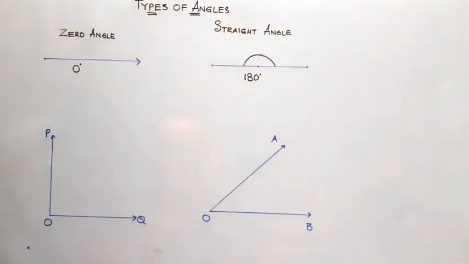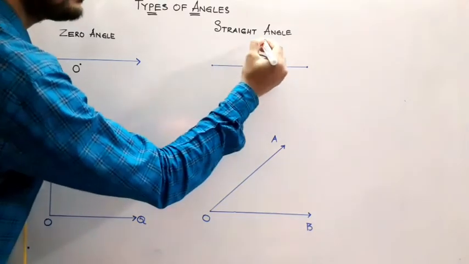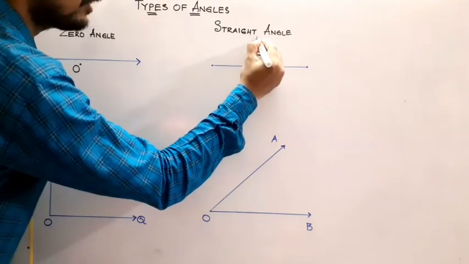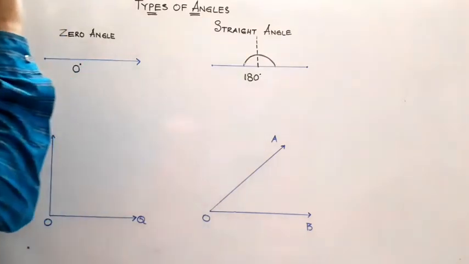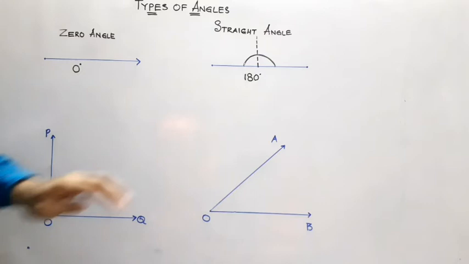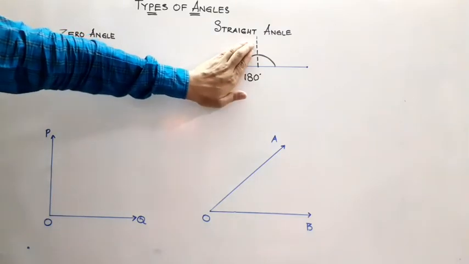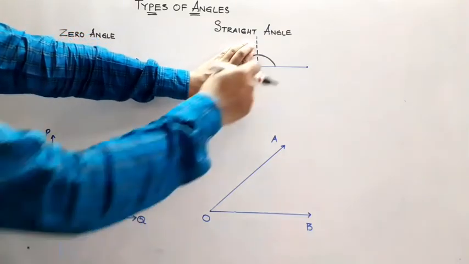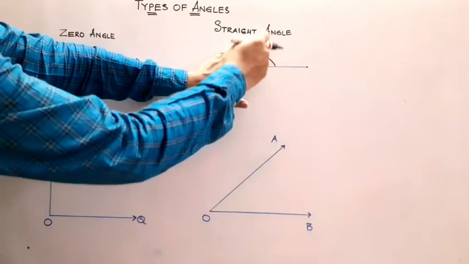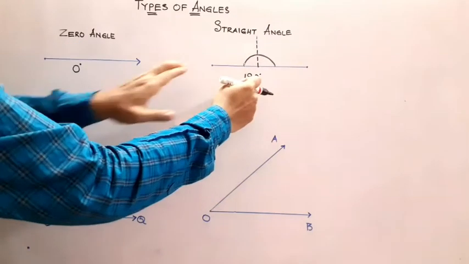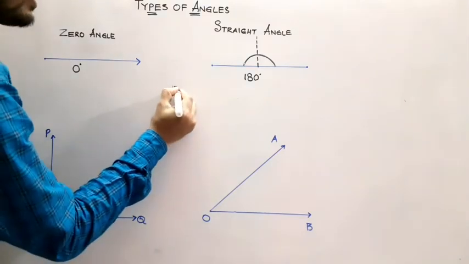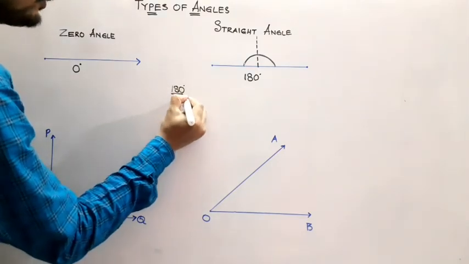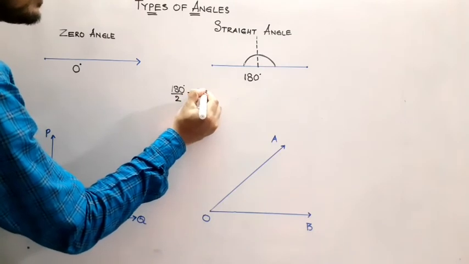Now, see. I am making this 180 degrees into half like this. Exactly at the middle, I am making a deviation. Now, for some time I forget about this straight angle and focus only on half part of it. So half means 180 divided by 2, how much? 180 degrees divided by 2 is equal to 90 degrees, isn't it?